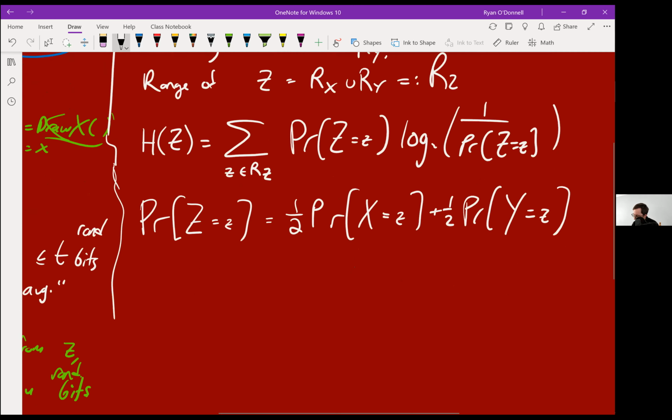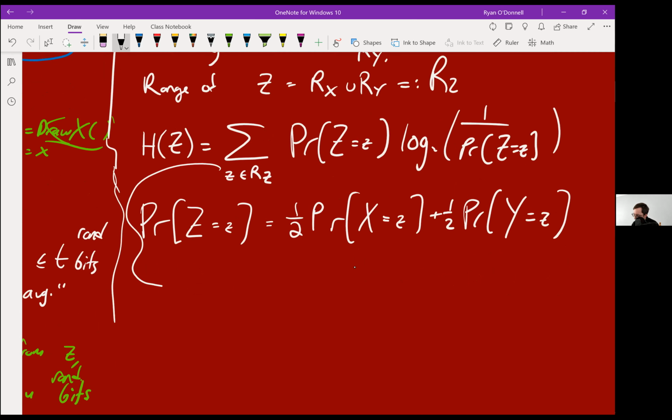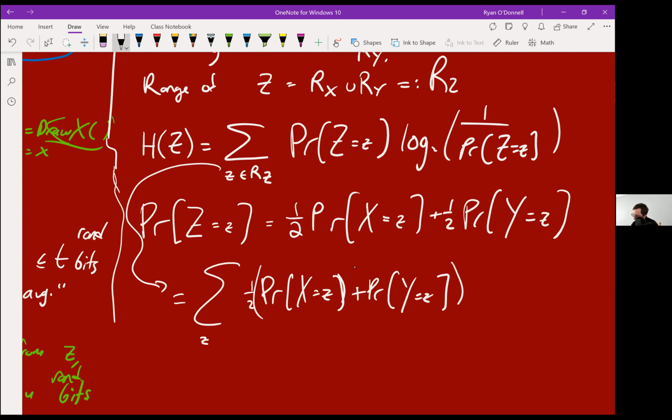But maybe it's okay. I mean, we could then plug this in and be like, all right, that's sum over little z of half probability that X equals z plus probability that Y equals z. Then it doesn't look too great because we have this sum. Well, one can persist and see what happens.